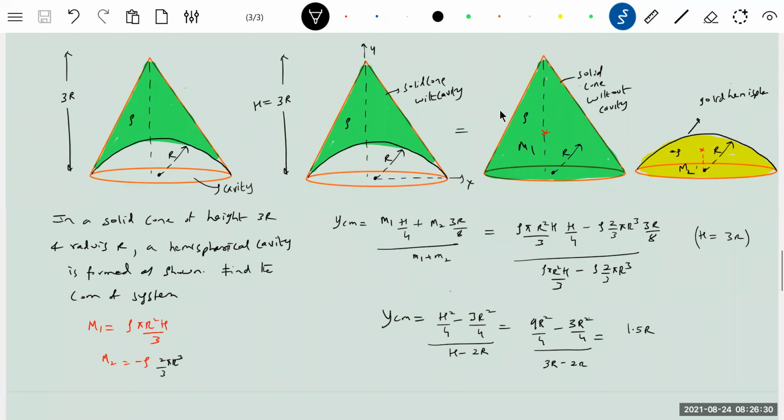It will be at this particular point, 1.5r. You just indicate this as C1, C2. The center of mass of this solid cone with a hemispherical cavity will be at 1.5r.